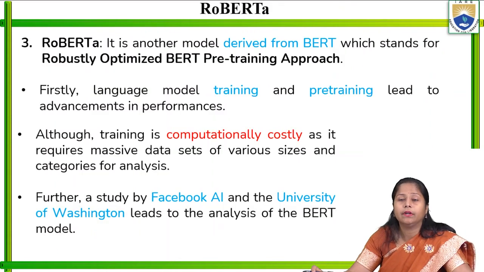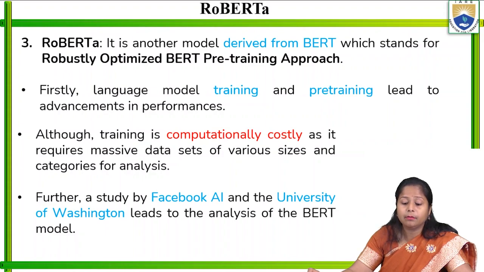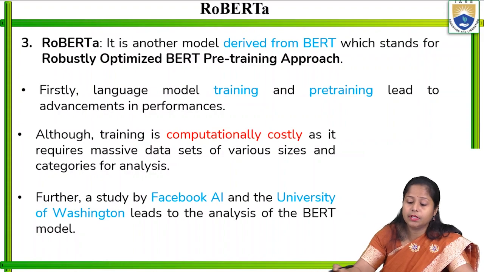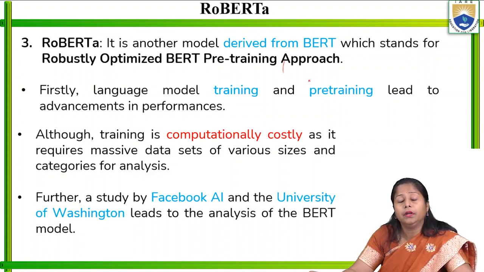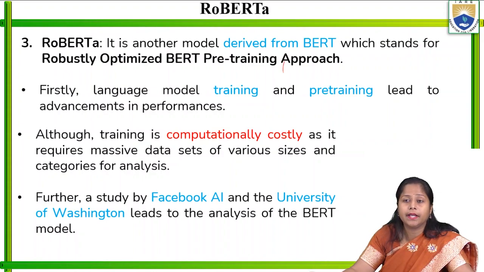Now let's see one other type of language model, that is RoBERTa. RoBERTa is another model derived from the BERT language model. RoBERTa stands for robustly optimized BERT pre-training approach, so the A means approach. Firstly, language model training and pre-training lead to advancement in performance.